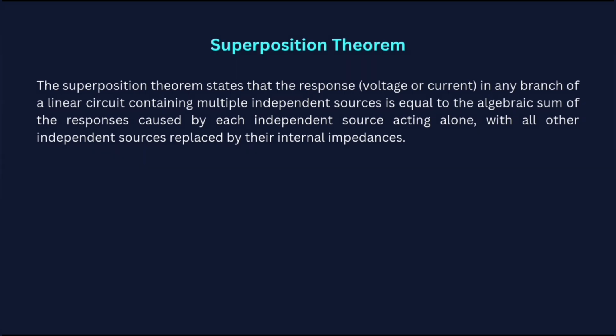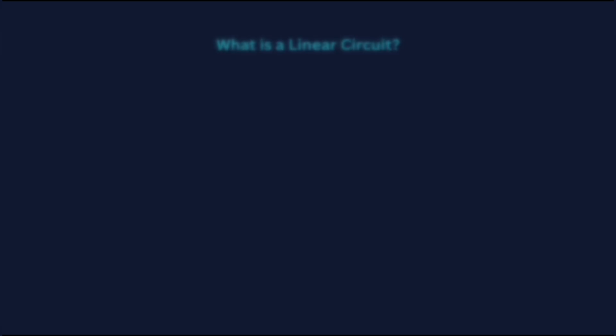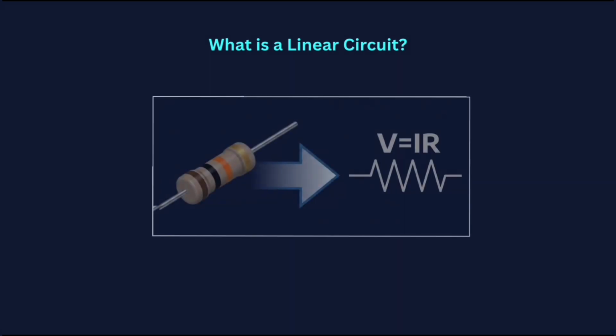There are three main ideas: linear circuit, one independent source at a time, algebraic sum of the responses. First of all, what is a linear circuit? The theorem applies to a linear circuit. A simple example is a resistor, and we already know the equation V equals IR from Ohm's law.